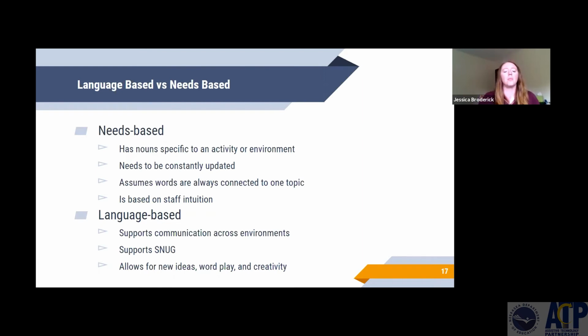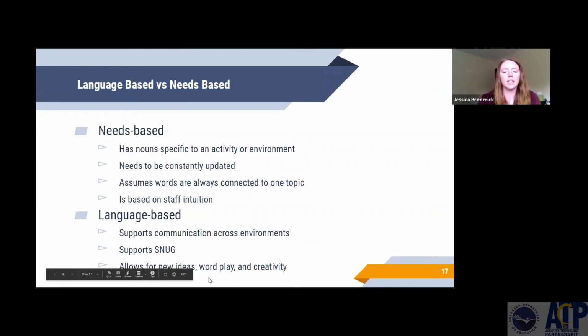So I like language-based systems because they support communication across environments. Those language-based systems are the ones built around core vocabulary with that 20% fringe. Language-based systems support SNUG, spontaneous novel utterance generation.